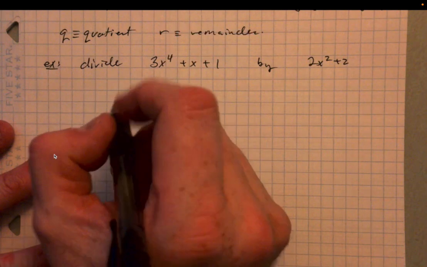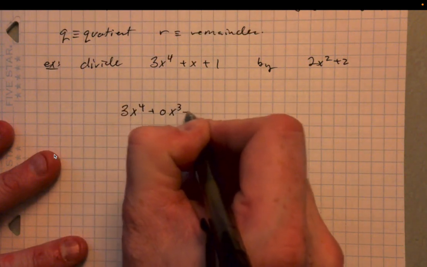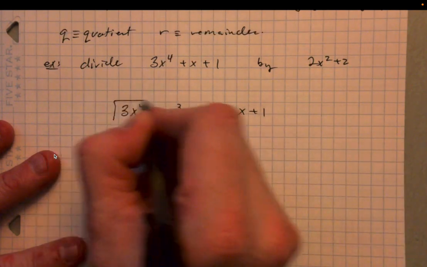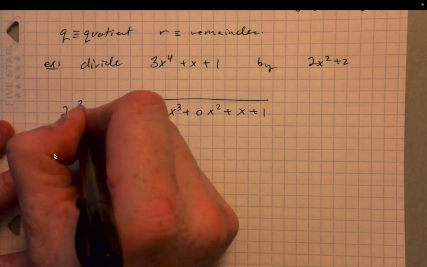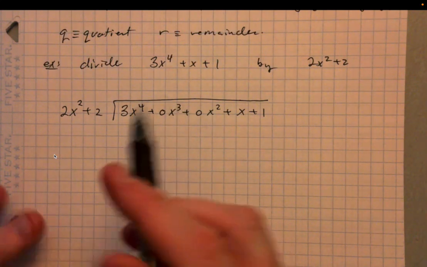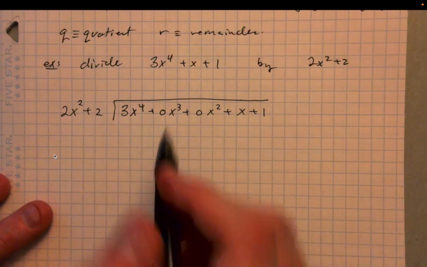We would say, all right, 3x to the fourth plus 0x cubed plus 0x squared plus x plus 1. And there are slightly different conventions depending on where you've seen this in the past as far as how you set this up and how this works. But we would say that 2x squared plus 2 goes into this.